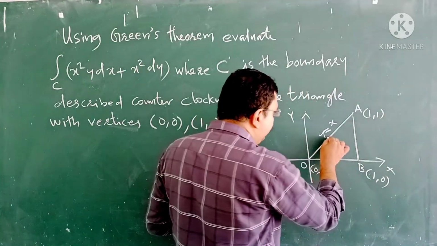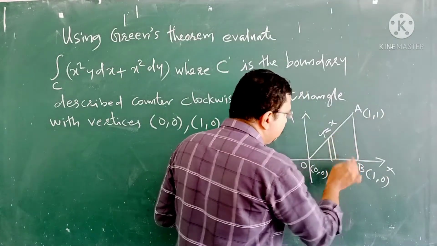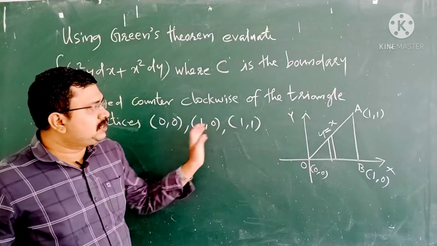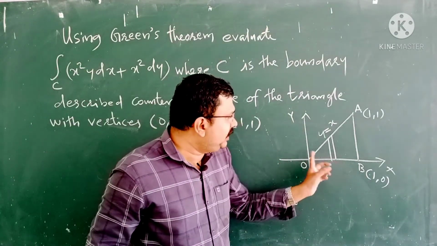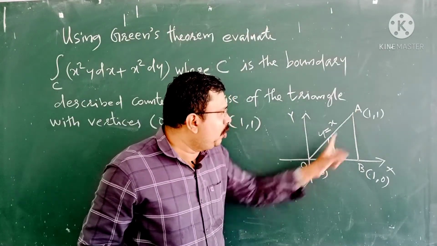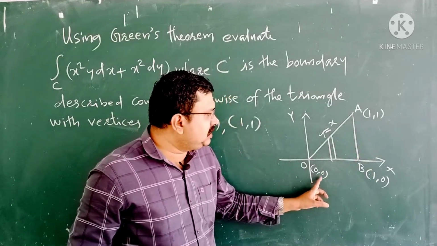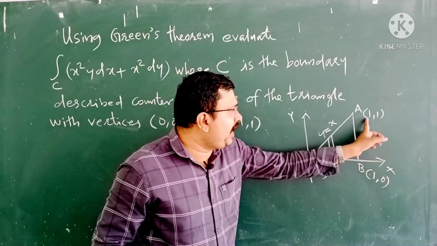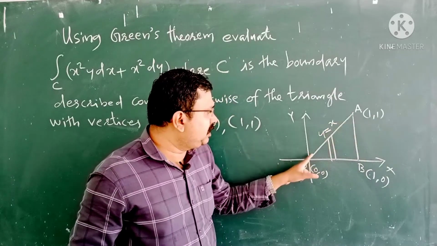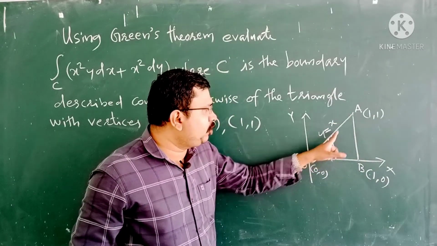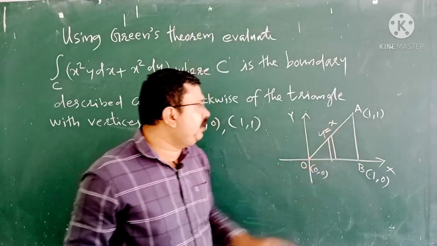We want to integrate this one. This is the figure for this question. Here is a triangle OAB with the vertices 0, 0, 1, 0 and 1, 1. Here is a line segment, and the equation of the line is y equal to x.